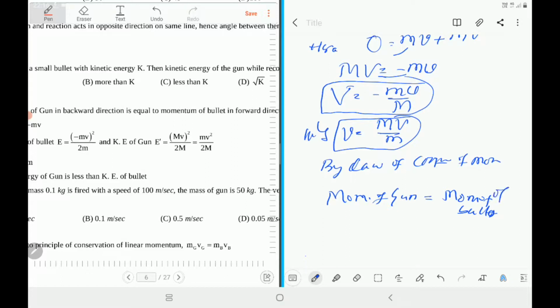So through common experience, you have understood, the lighter one moves faster, the heavier one moves slower. So the bullet moves with very high speed, the gun moves with very low speed. That's all. But momenta will be the same. The product of mass and velocity is the same. That is, mass of gun times velocity of gun is equal to mass of bullet times velocity of bullet, mv. They are equal and opposite. That's why the sign is opposite. Value-wise they are equal.